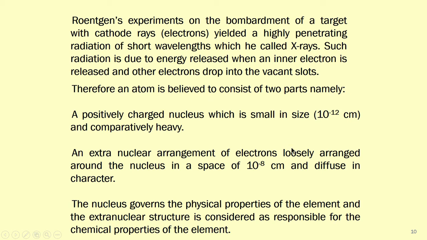The space occupied by the electron is 10,000 times more than the space occupied by the nucleus. There is an order of 4 difference, 10⁻¹² and 10⁻⁸. So, the area or volume occupied by the electrons is 10,000 times bigger compared to the nucleus.